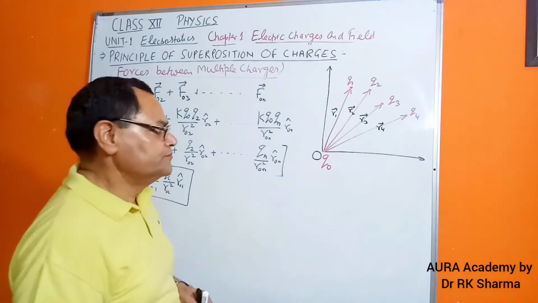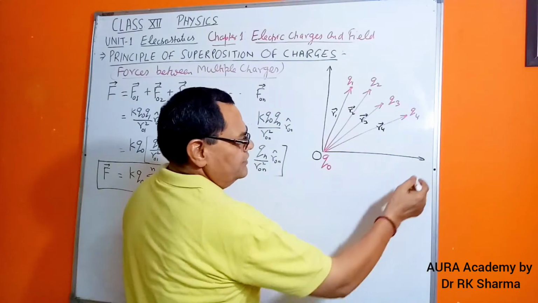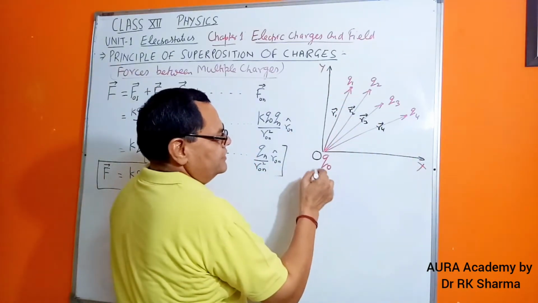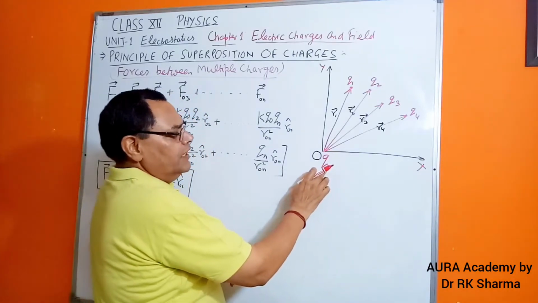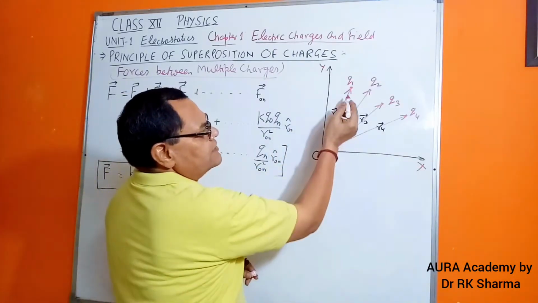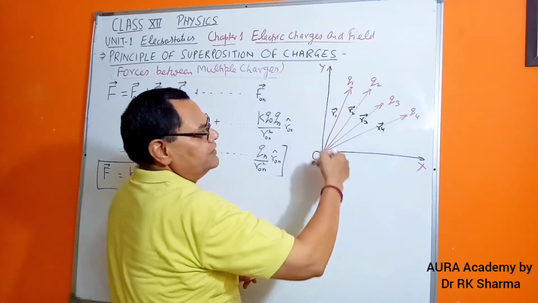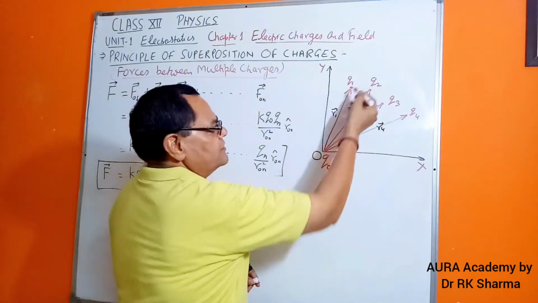So let us assume this is the xy plane, the x-axis and the y-axis. At the origin some point charge q0 is placed, and around this let us assume q1, q2, q3, q4 are the various charges at certain distances.